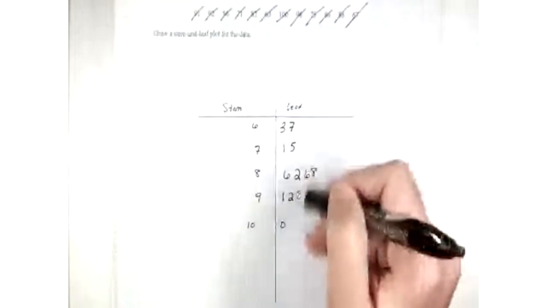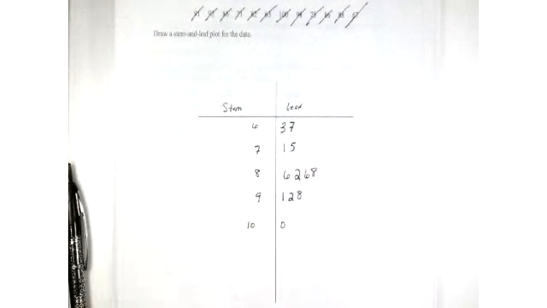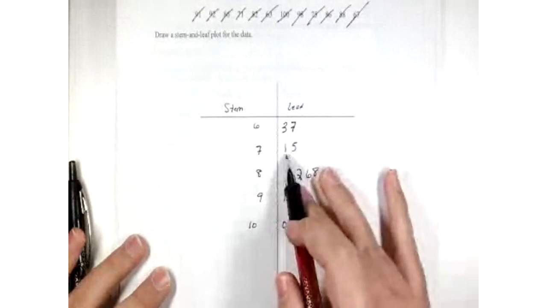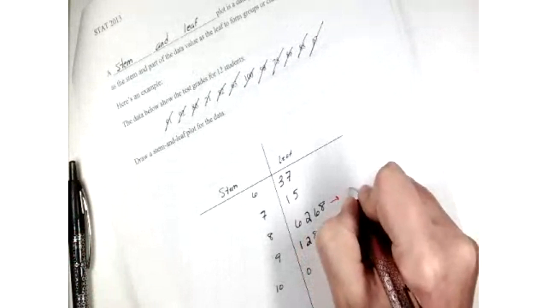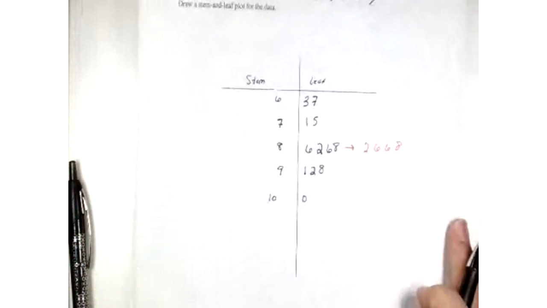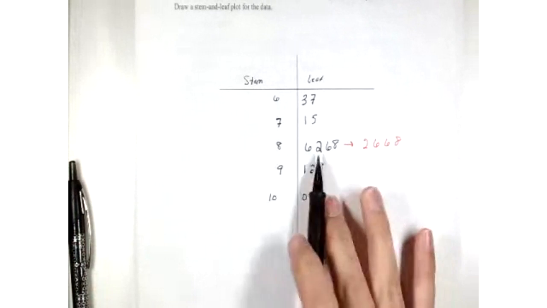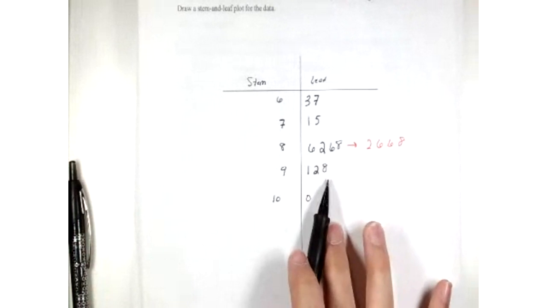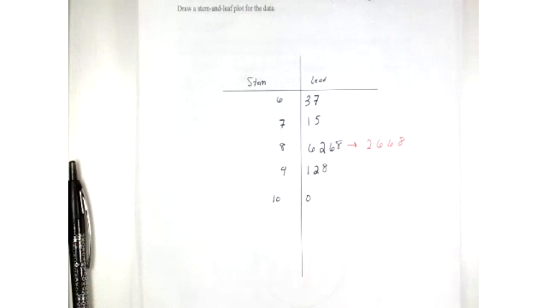The way we usually do it is we want to put these leaves in order. This one's already in order, so 3 and 7. This one's already in order, 1 and 5. This one will go 2, 6, 6, 8. Does that make sense? So just putting these leaves in order. And then this one right here is already good, and that one's already good.